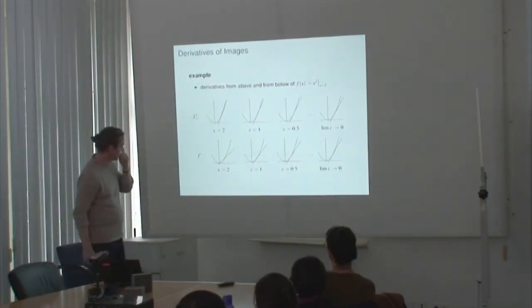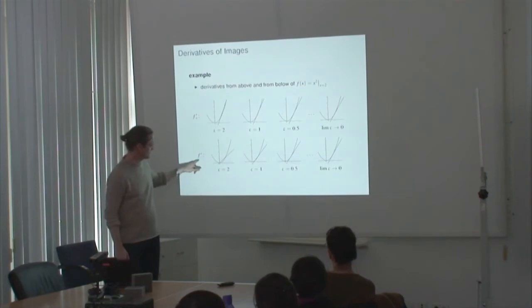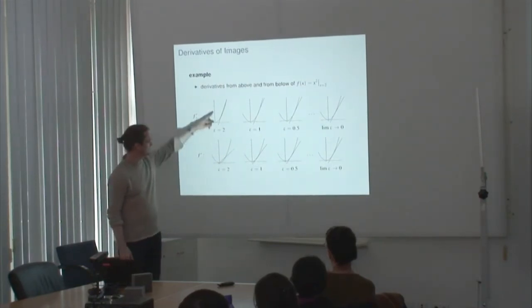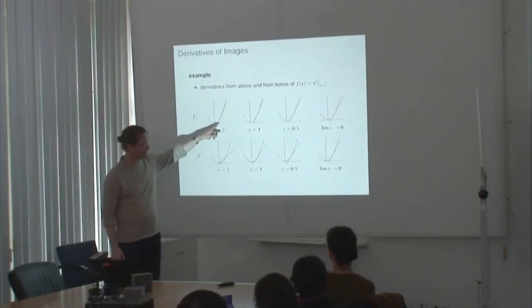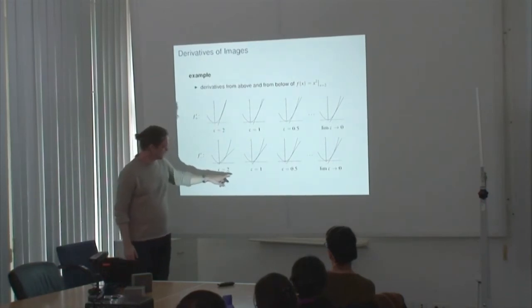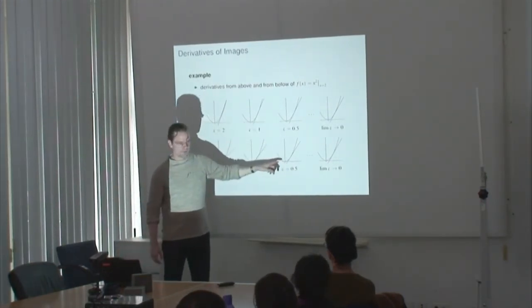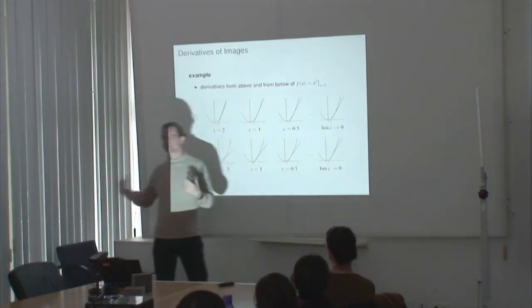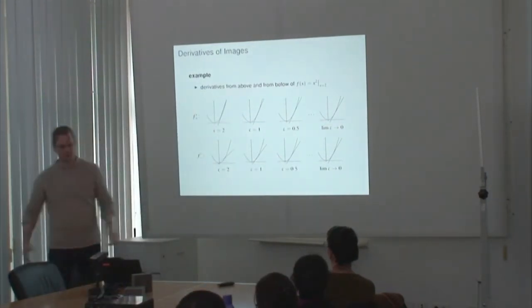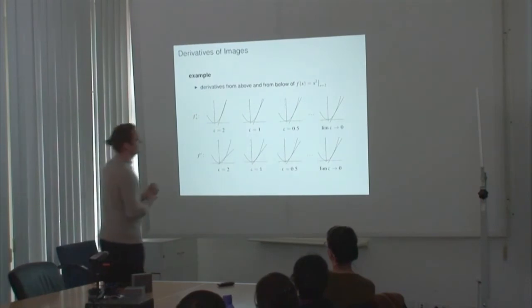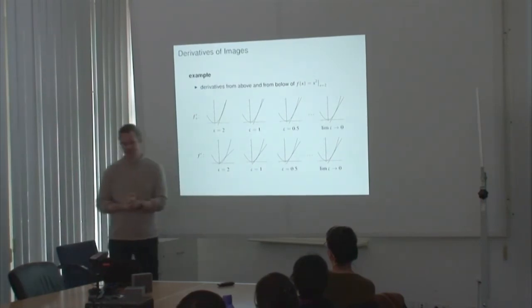And here I have repeated this for the derivative from below. See that it looks different than the derivative from above. But for decreasing epsilons, it does not look so different anymore. And indeed, in the limit, it's exactly the same. Which is, of course, no surprise, because we know that x squared can be differentiated. X squared is differentiable.